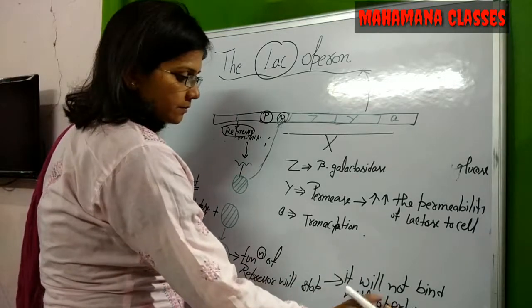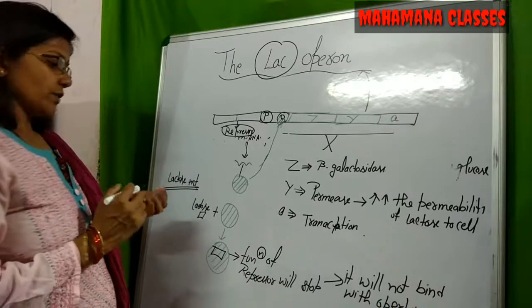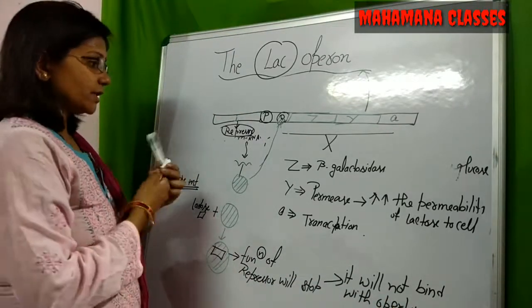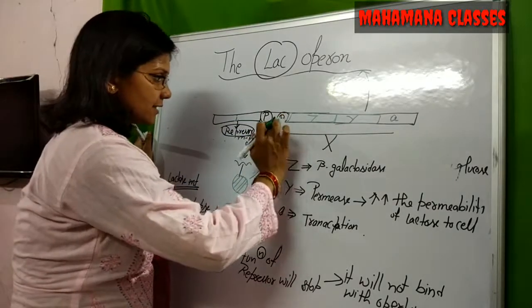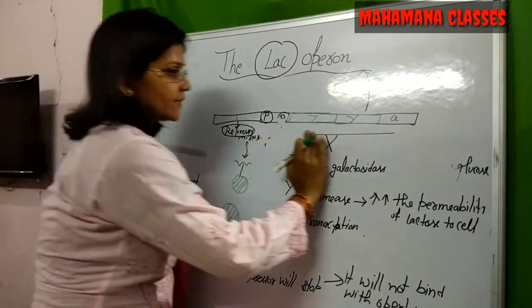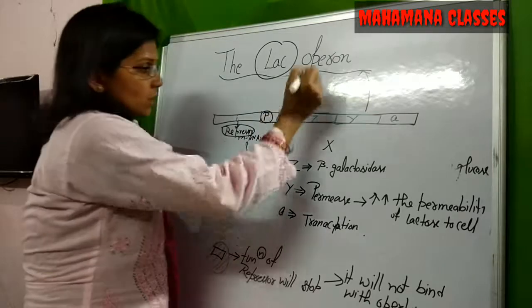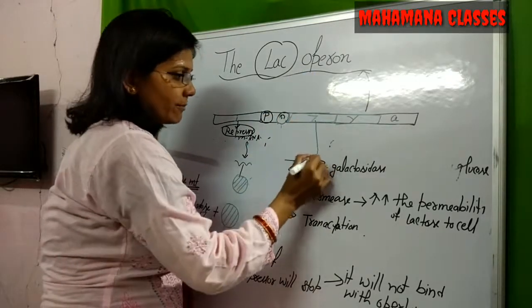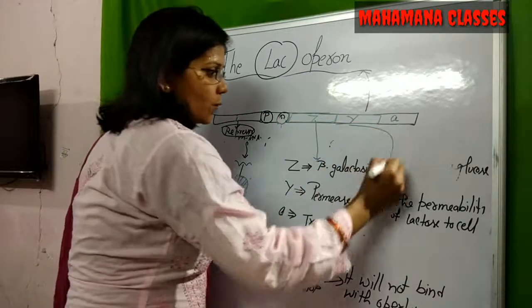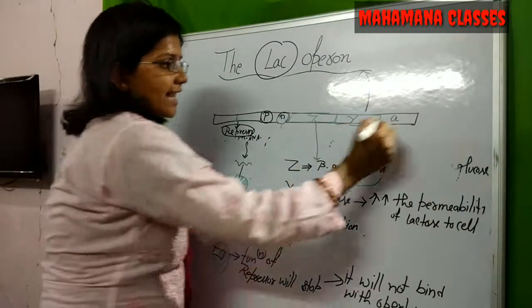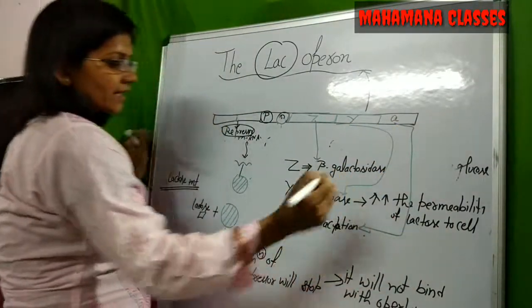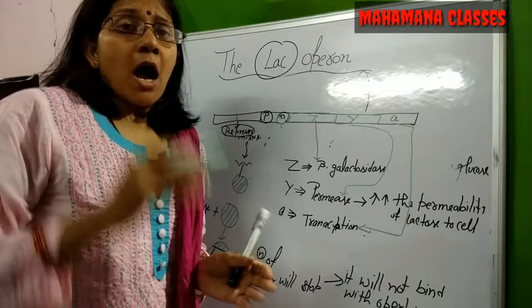Now what is going to happen? If it will not bind to the operator, then it will just release, and then your Z will form beta galactosidase, Y will form permease, and A will form transacetylase.